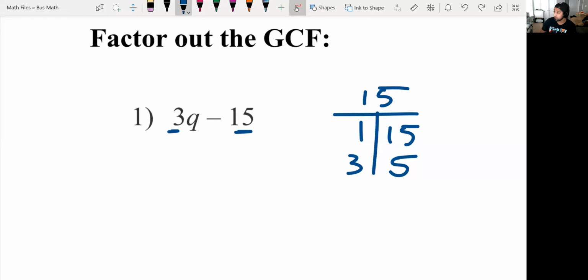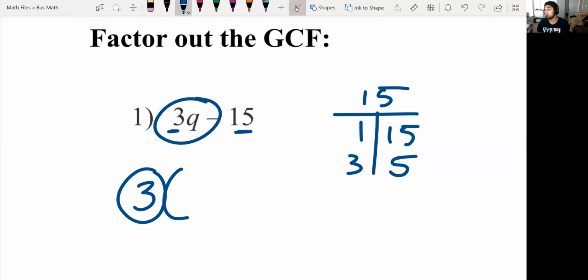So that's what we're going to factor out. I write 3 on the outside and start a parentheses. Factoring is essentially dividing this number 3 out from each term. 3q divided by 3 leaves me with q, and that's what goes inside the parentheses.